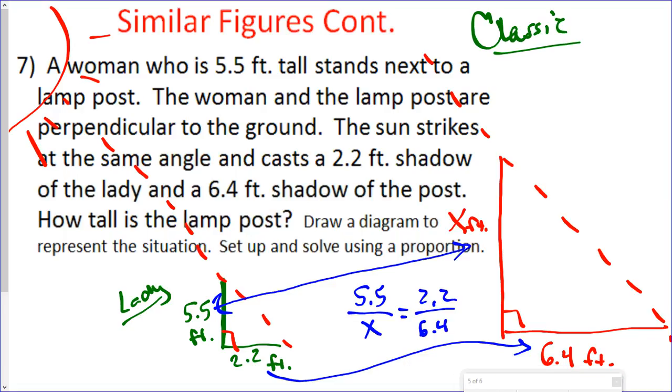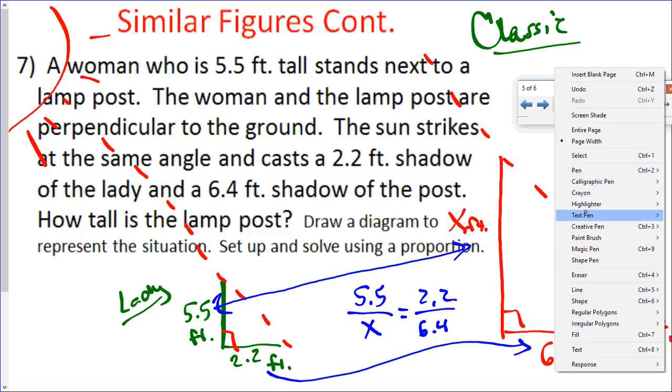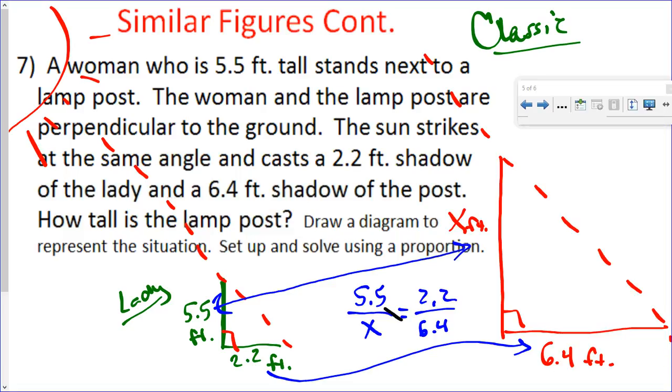After I do a little bit of math, I should be able to multiply across. So I'll go all the way over to the left-hand side. 5.5 times 6.4 is going to be equal to 2.2x. On my calculator, I have to make sure I multiply 5.5 times 6.4.